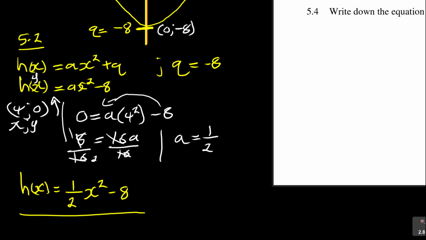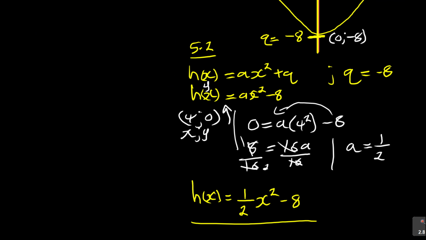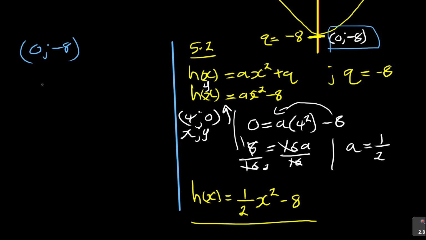As I said, guys, you could have chosen any point. Someone will say, what if, can you try it? Let's choose this one, to say we have got 0, minus 8. I'm just trying to show you. Then again, we have h of x equal to ax squared minus 8.